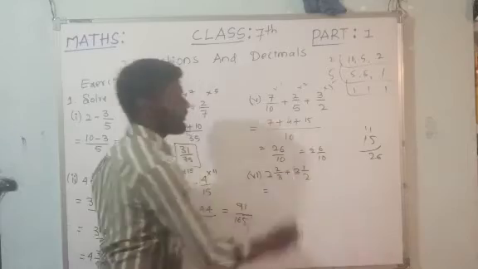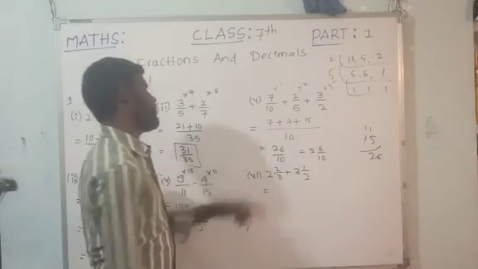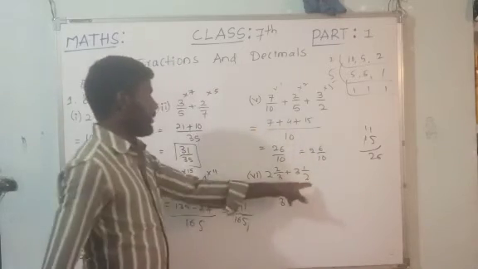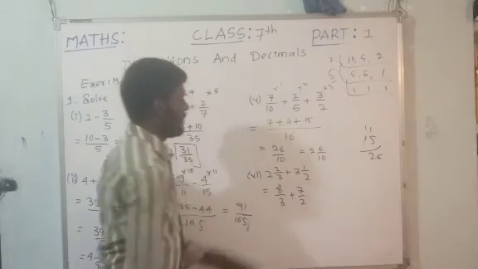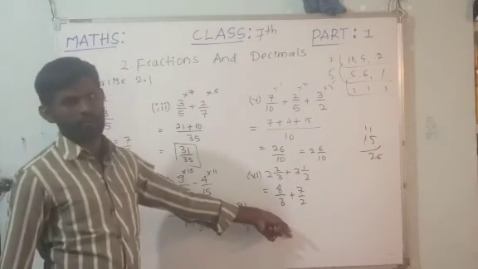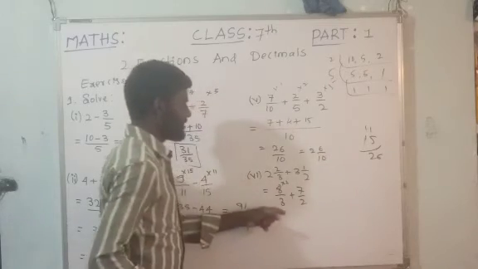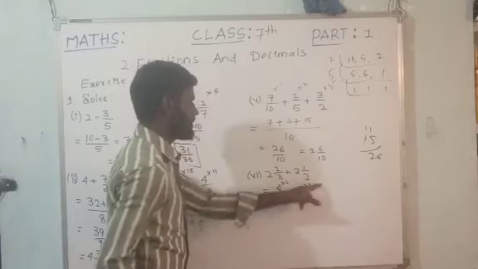Let us see, dear children, question number 6. 3 2s are 6, 6 plus 2 is 8, 8 by 3. Plus 2 3s are 6, 6 plus 1 is 7, 7 by 2. You know very well that the LCM between 3 and 2 is 6. Here I will multiply by 2 because of LCM 6, 3 2s are 6. I will multiply here by 3 because 2 3s are 6.